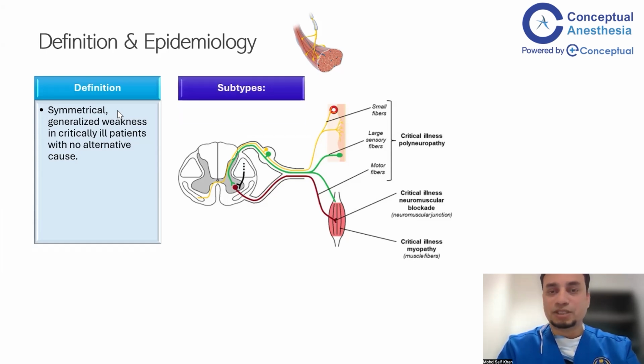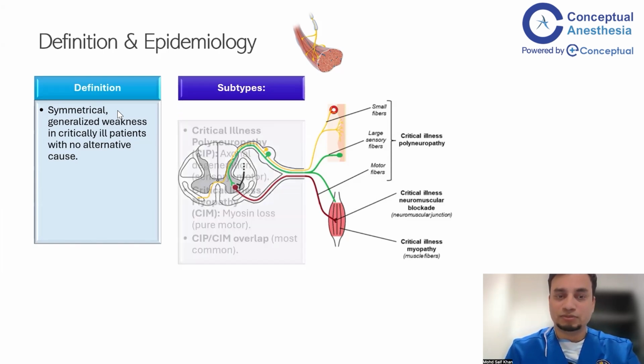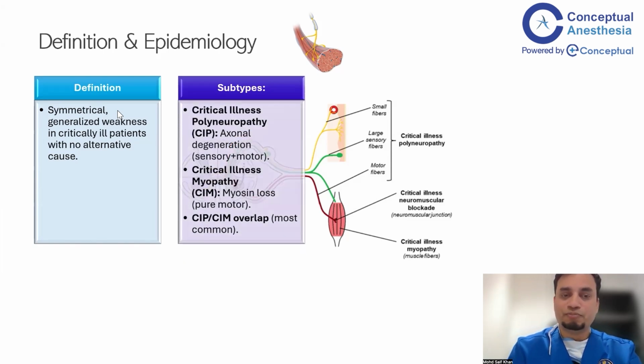Now, regarding the subtypes, ICU-acquired weakness has basically two subtypes, polyneuropathy and myopathy. Then we have a third type, which is a combination of myopathy and neuropathy. Polyneuropathy develops as a result of critical illness, various causes of sepsis, and also the use of muscle relaxants.